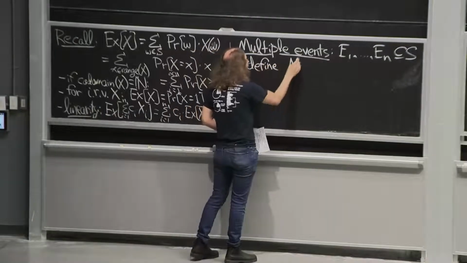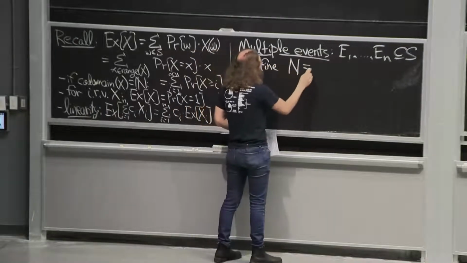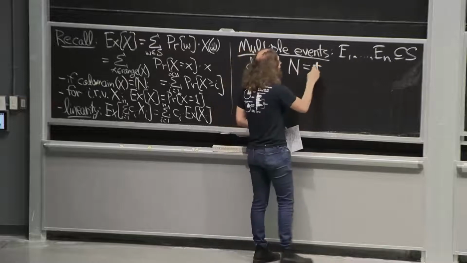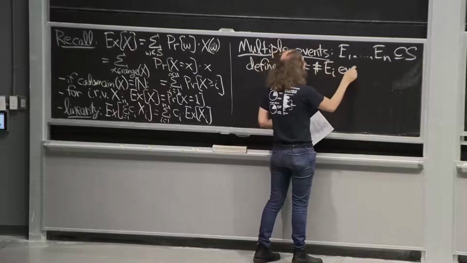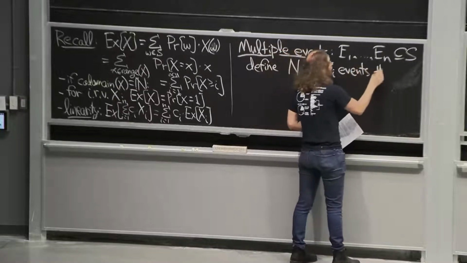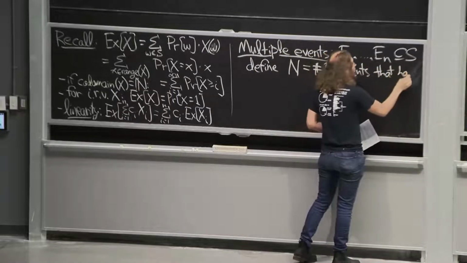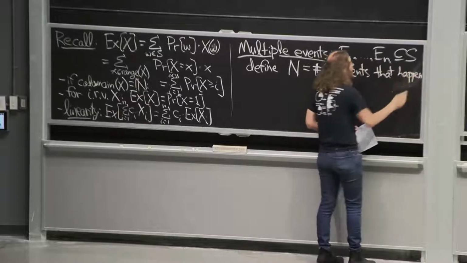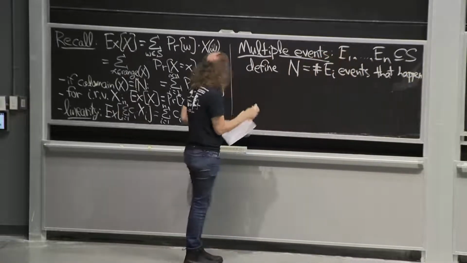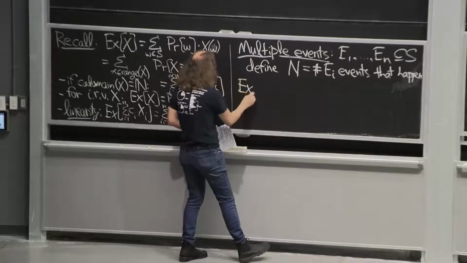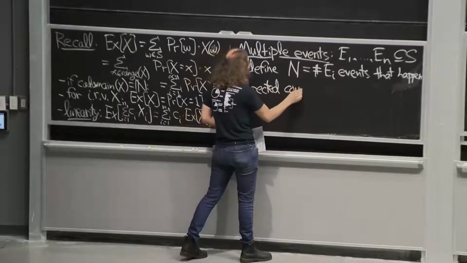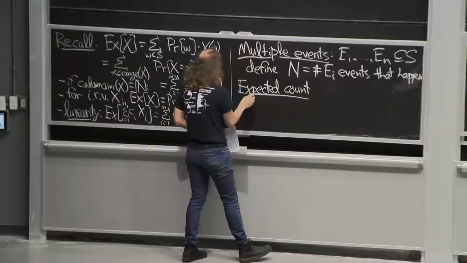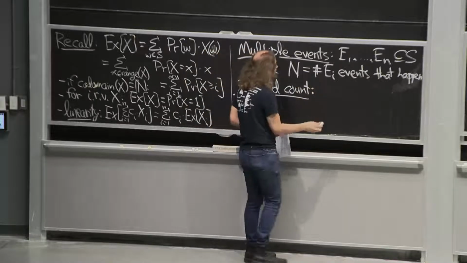So let's define a random variable N to be the number of Ei events that happen. And the first problem is, what is the expected value of N? So what is the expected number of events in general?